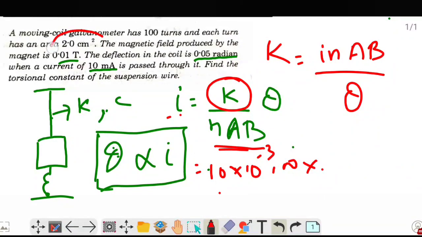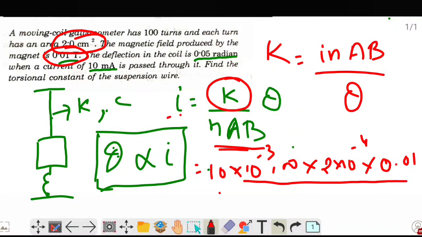Now area of the coil is 2 centimeters square, so you have to convert this into meter square, so that is 2 into 10 power minus 4, into strength of the magnetic field, that is given in Tesla, 0.01 Tesla, so that can be written directly 0.01, divided by theta. Now theta is in radian, so again that is in SI system, so 0.05.